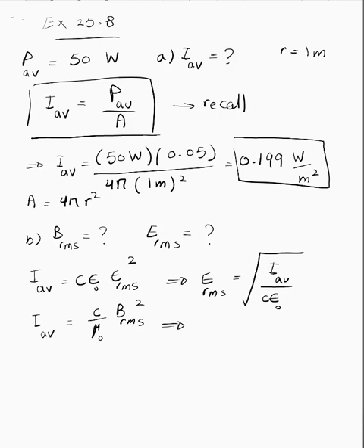So B RMS is equal to square root of mu naught I average divided by c. Now it's just a matter of plugging the numbers in and using your calculator. Do not forget that the unit for magnetic field is Tesla, and for electric field you have Newton per Coulomb.